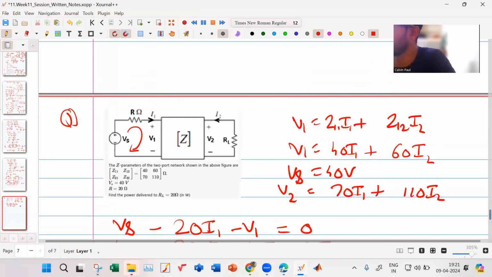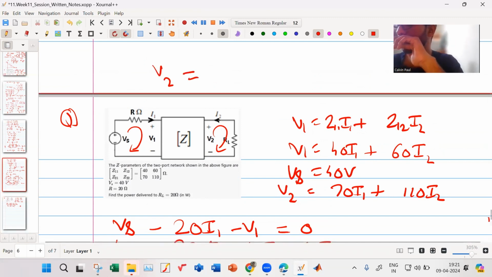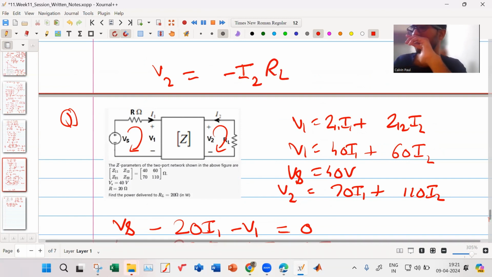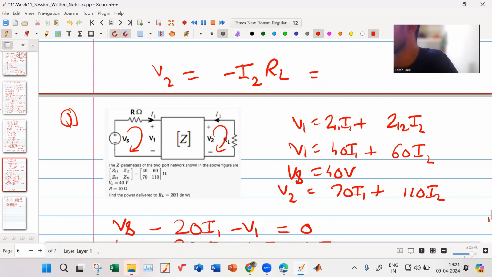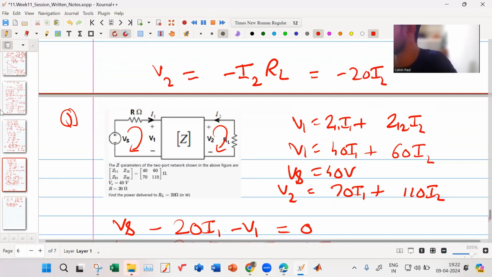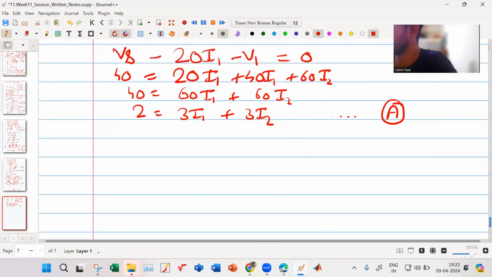Same thing I will apply over here. I will also apply KVL at the output side. V2 is equal to minus I2 RL, and RL is 20, so V2 is equal to minus 20 I2.